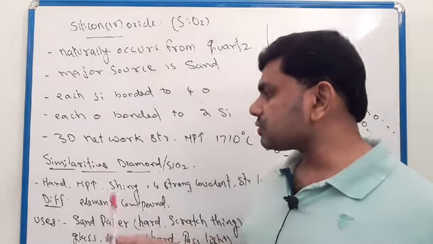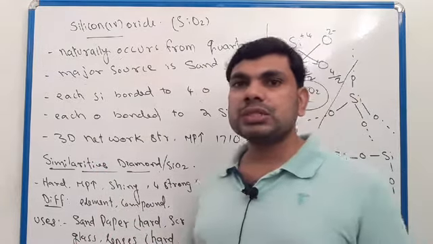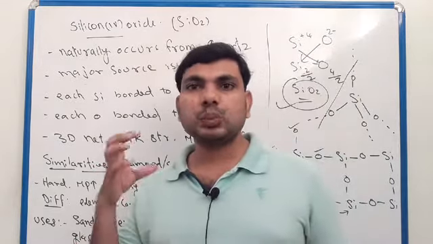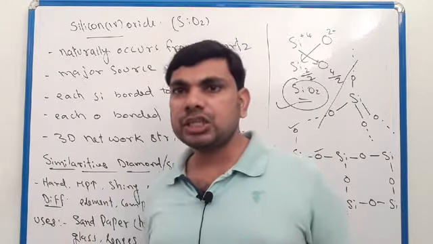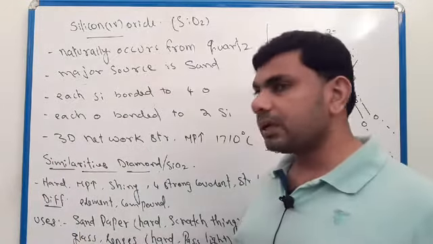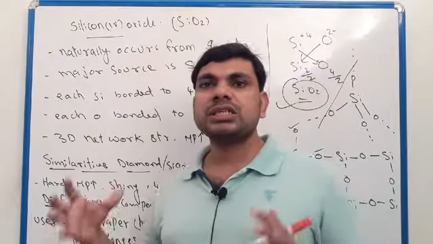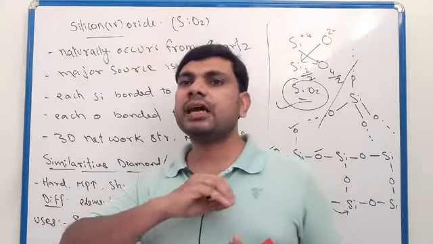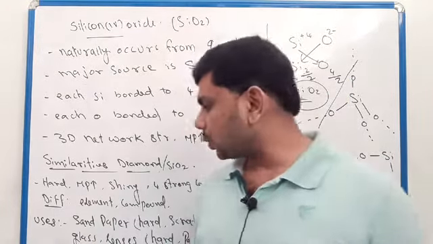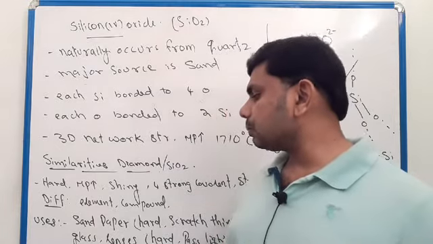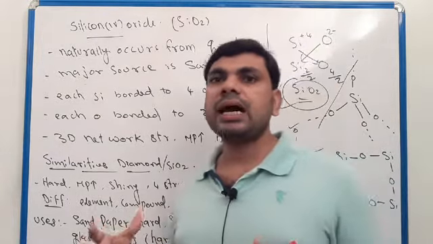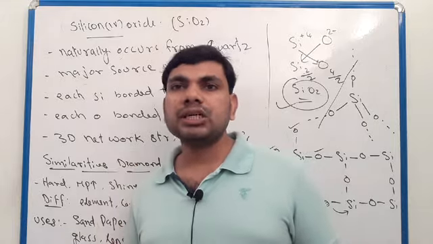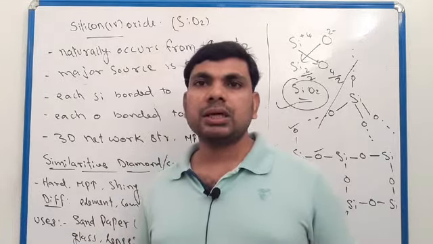And the different uses of silica: silica is used in sandpaper because it is very hard and can scratch other materials. Silica is used to make glass and lens because it is very hard and light can pass through silica. And silica is used to make bricks for lining furnaces because silica has a very high melting and boiling point.